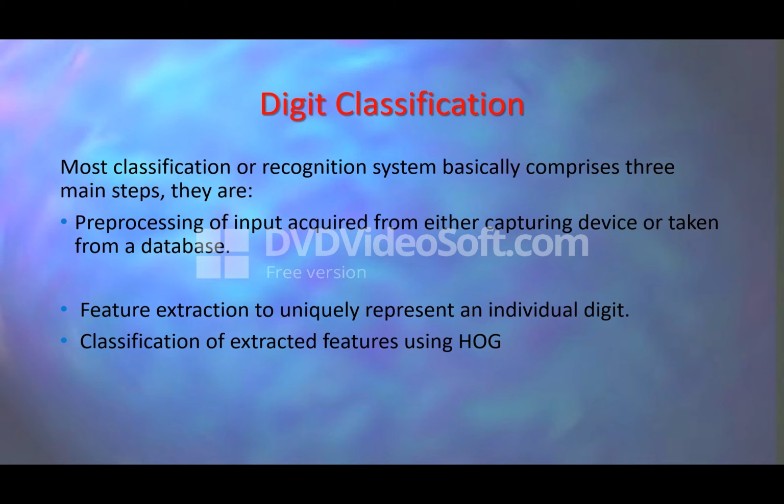And after the pre-processing stage of image enhancement and segmentation, next would be feature extraction to uniquely represent an individual digit. So after a digit has been segmented, it's brought to the feature extraction stage, and in this stage the features of the numeric digits that are crucial for classifying at a recognition stage are extracted.